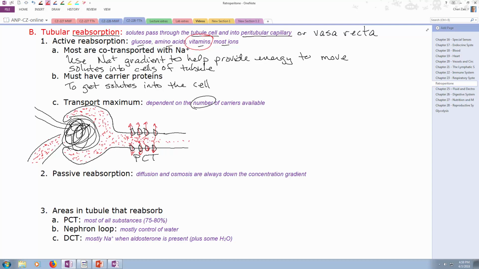You have so much vitamin C in your system, and you have only so many doors for vitamin C to get taken out of the filtrate, that you've overwhelmed your transport maximum, and so now you actually have the vitamin in your urine. So you can absorb back only the amount that you really are supposed to have. So transport maximum is a very important process.